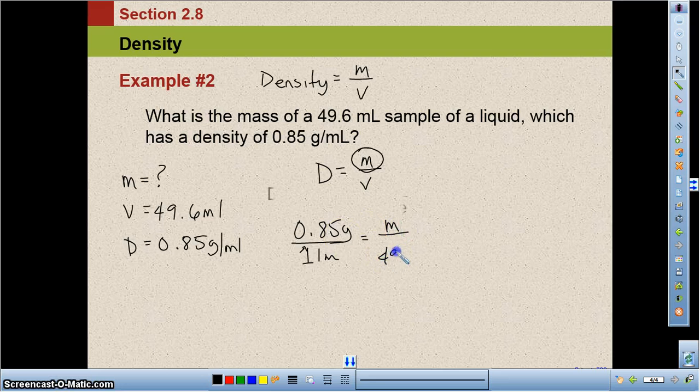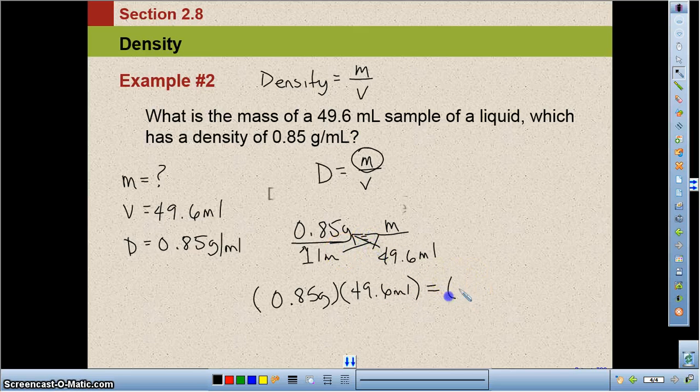Volume is 49.6 milliliters. I need to solve for mass. So the easiest way to do this is to cross multiply. So I'm going to take 0.85 grams and multiply that times 49.6 milliliters and set that equal to 1 milliliter times the mass. I divide both sides by 1 milliliter to make sure that I get rid of my units.